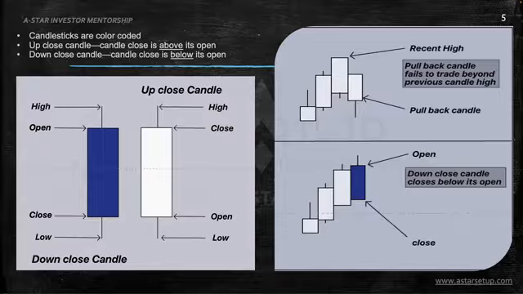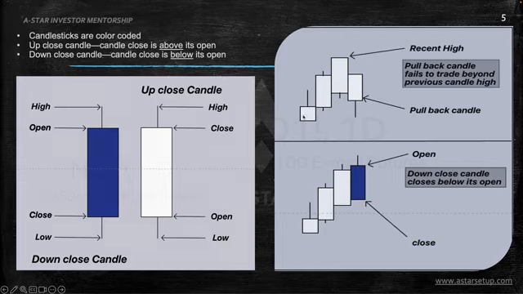This is a diagram for a pullback candle. So what is a pullback candle? Well, basically, when price moves, it trends upwards in a series of higher highs and higher lows, if that's an uptrend. If it's a downtrend, you know it trends downwards in a series of lower highs and lower lows.